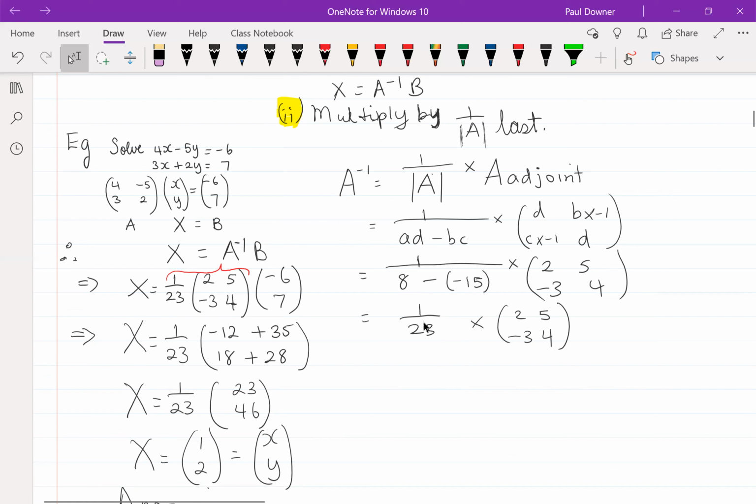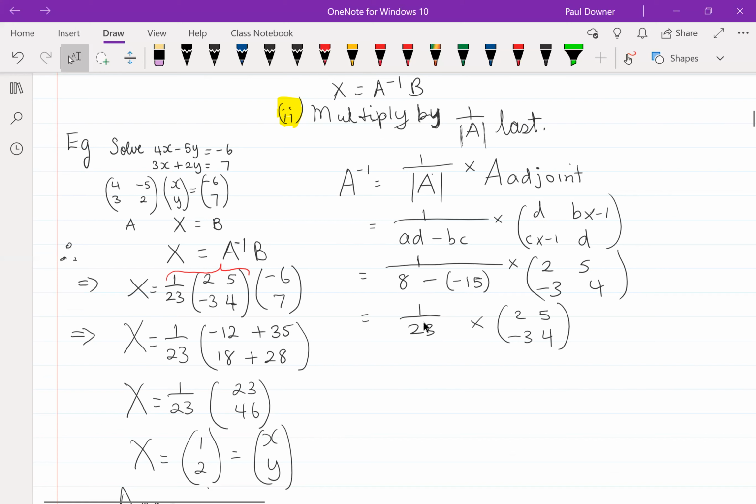Now, if you simply had to calculate the inverse of A in your exam, you would take this and multiply it by each one of the numbers, 1 over 23 times 2, 5, minus 3, and 4, and of course reduce the answers to the simplest fraction possible. And that would give you an answer.